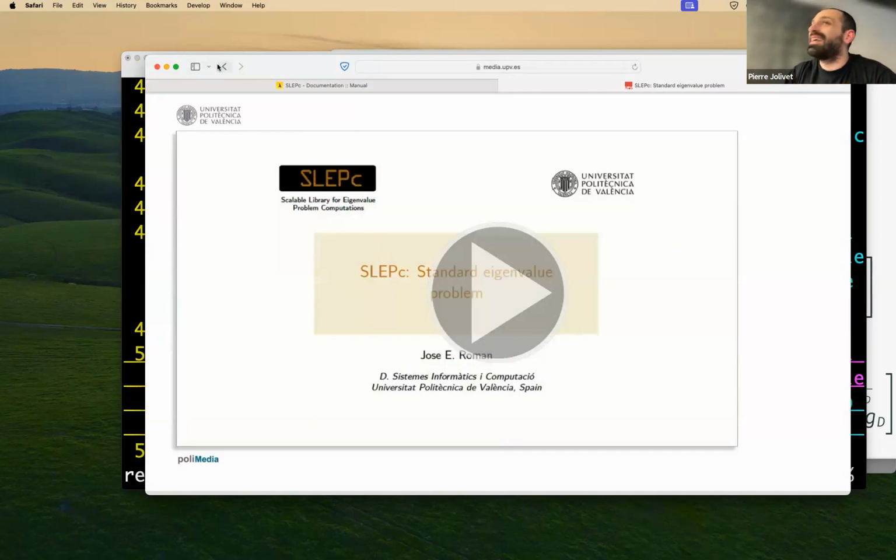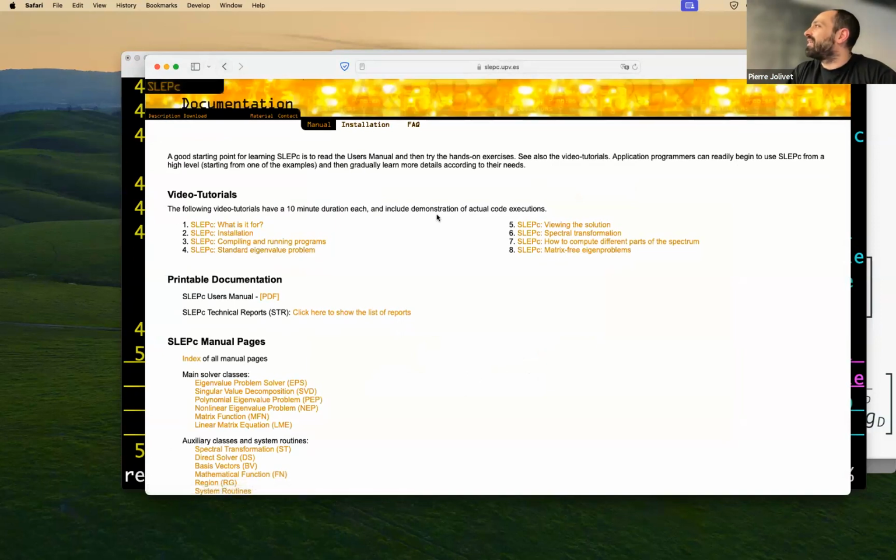OK. Just a remark or a question. In Atlas, when you solve a generalized eigenvalue problem, the eigenvectors are not normalized the same as the classical eigenvalue problem. Is it the same here?